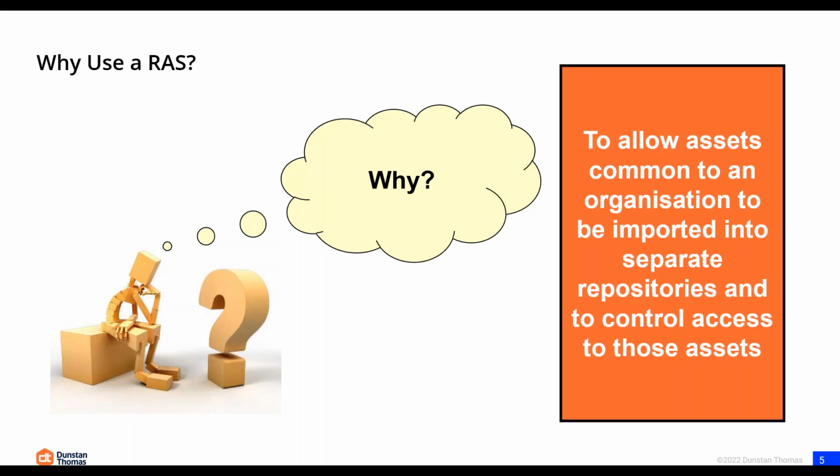This is the mantra of define once, use many. Traditionally, people try to put a single repository with libraries and then share those libraries. The problem with that is everybody can see everything.